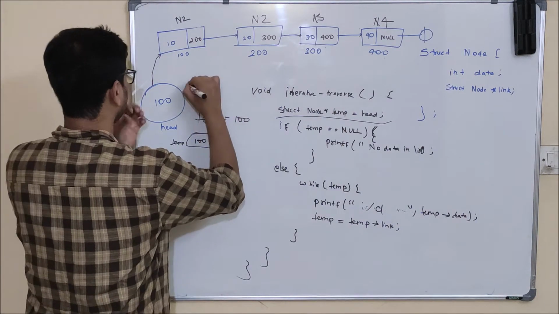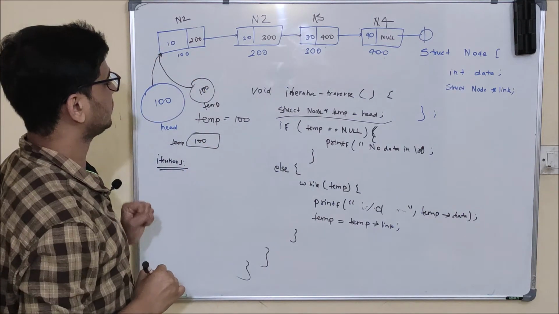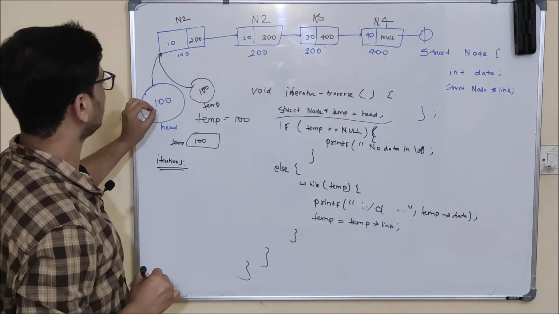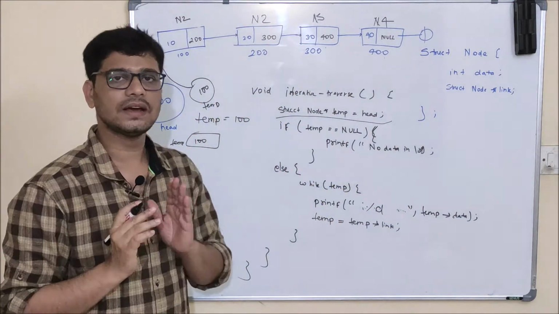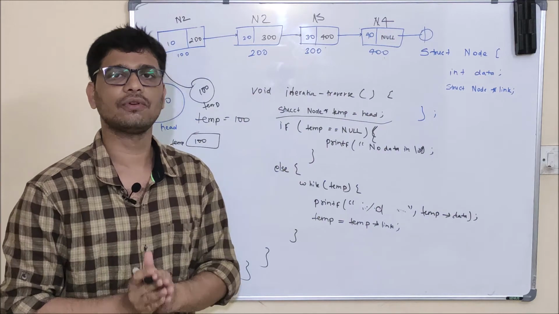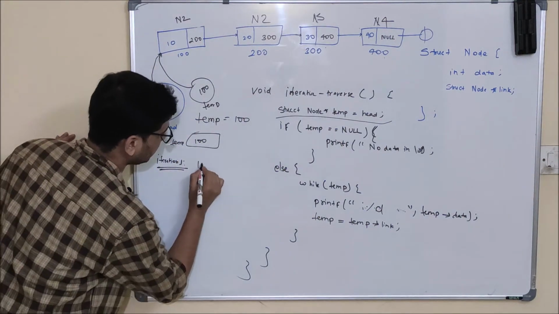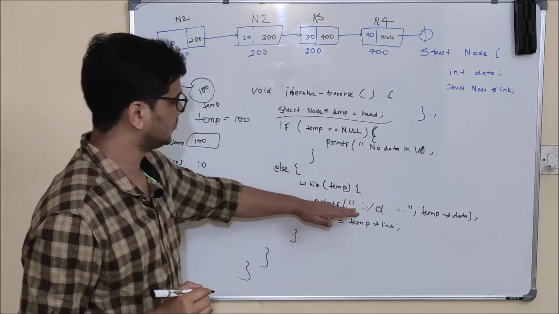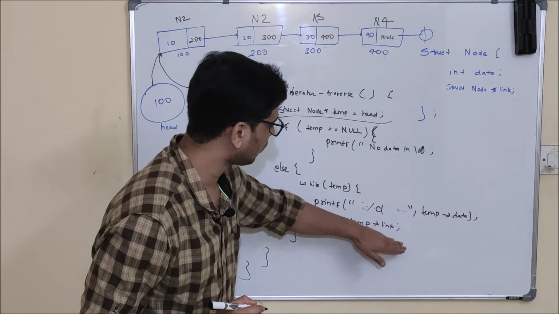It is containing 100. That means it is also pointing to the first node of the linked list right now. So what it will do? It will print temp dot data, that is the data part of the node which is starting from memory address 100. So 10 will be printed in this line, and in this line temp will be changed to temp dot link.